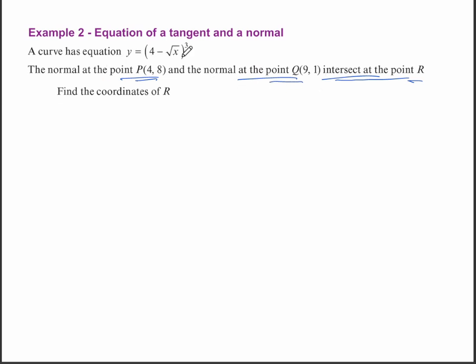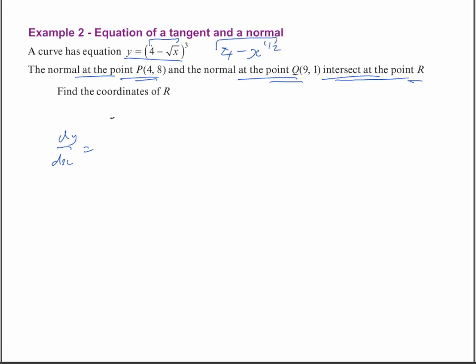Firstly, what we need is the gradient of the tangent so that we can use that to find the gradient of the normal line. Therefore, what we will do is differentiate this equation right here. So dy/dx is equal to the derivative of whatever is inside the bracket, which is just 4 - x^(1/2).